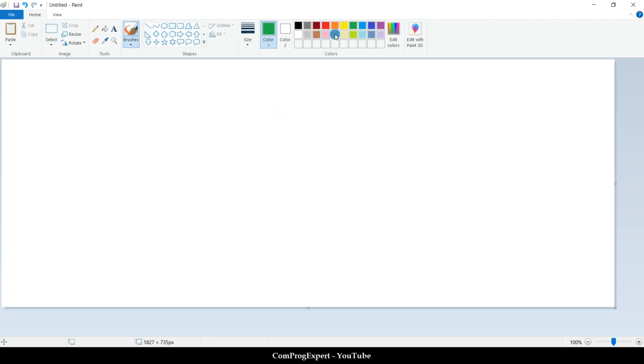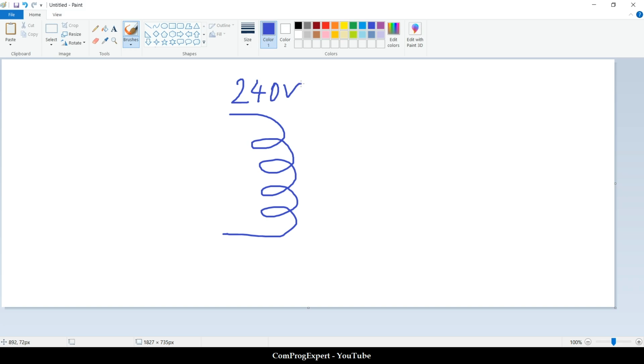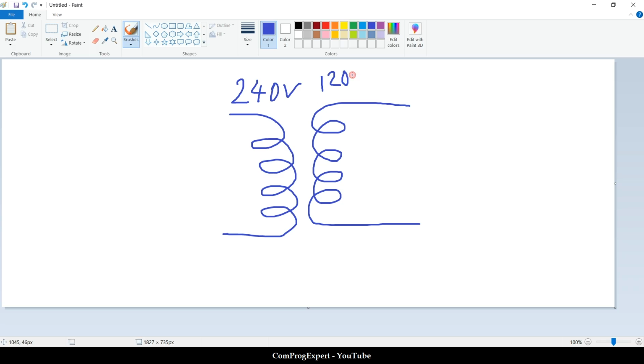So here we have these rated values for this single phase transformer: 240 volts here, 120 volts, the rated value of the voltage.